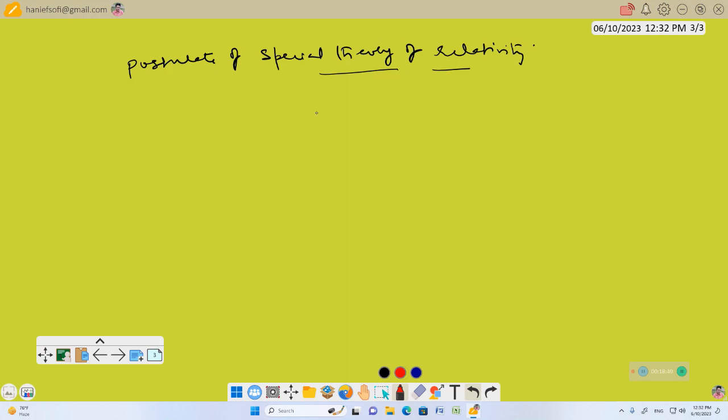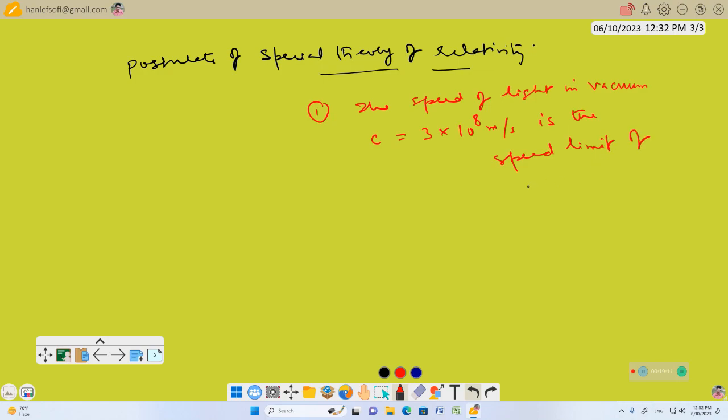This postulate says that the speed of light in vacuum, which is denoted by c, which is approximately 3 into 10 raised to 8 meter per second, is the speed limit of our universe.